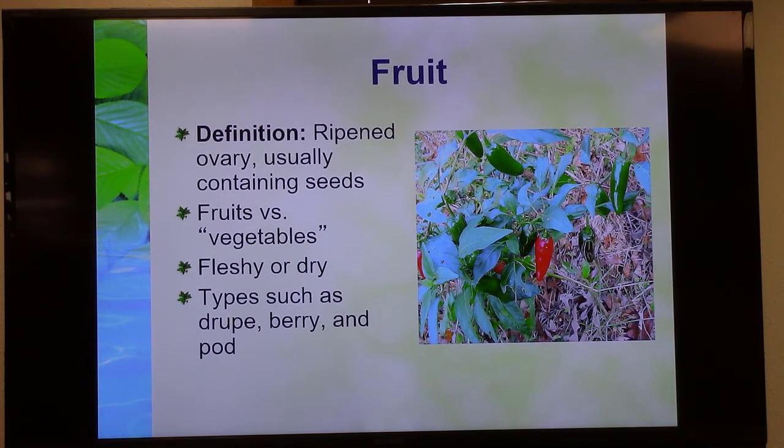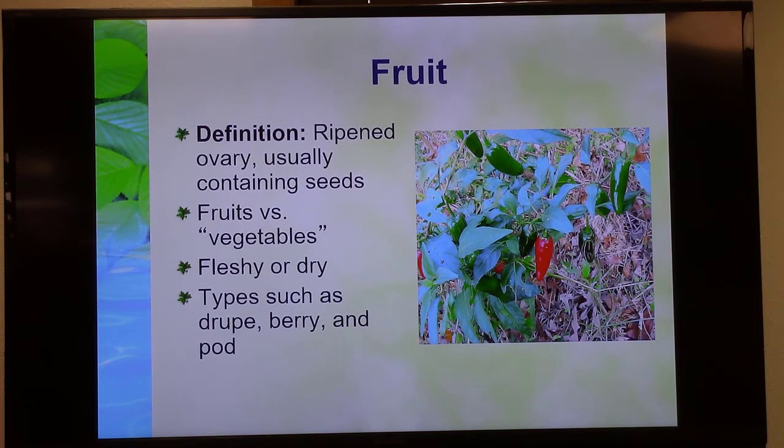A ripened ovary containing seeds is a fruit. Therefore, a tomato is a fruit, and a cucumber is a fruit. A whole lot of things that we eat are fruits if they are ripened ovaries and they contain seeds. They can be fleshy, like that tomato, or they could be dry, like a pecan.